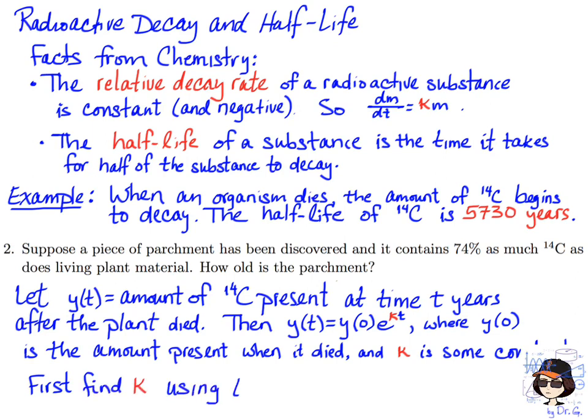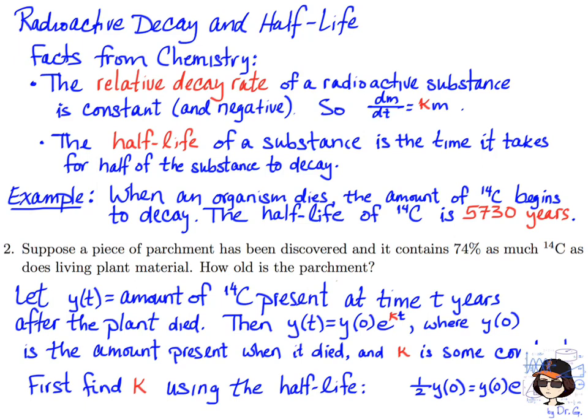To find k, we're going to use the half-life of the radioactive isotope. So we know it takes 5,730 years for half of the C14 to go away. So half of the original amount has to be equal to the original amount times e to the k times 5,730.